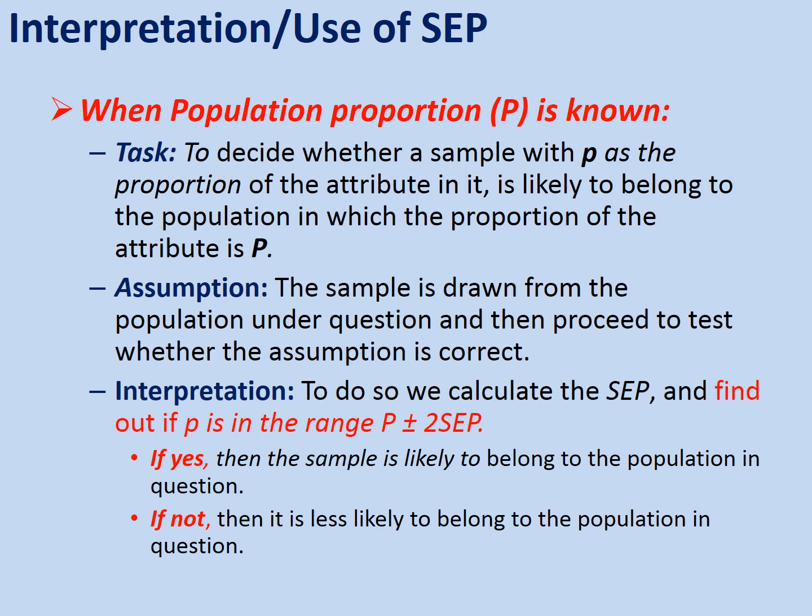After that, we calculate the proportion of hypertensive persons among these 200 persons of the sample. That will give you the sample proportion.